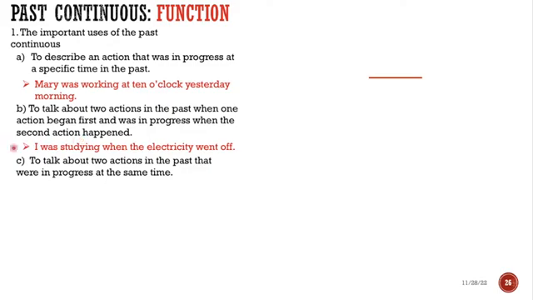Let us see: to talk about two actions in the past that were in progress at the same time. At the same time, everyone. This talks about two actions happening in the past, in progress at the same time.